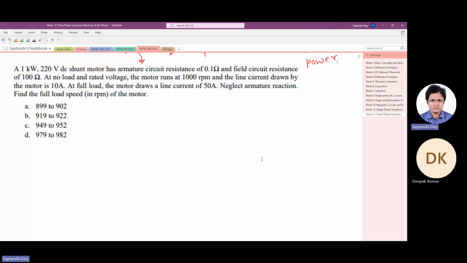Now, the motor is not delivering any torque to any load. It is running at no load. Still, it is drawing current. That means it is drawing power. Where is this power going, Deepak? It is at no load, why does it need to draw power?